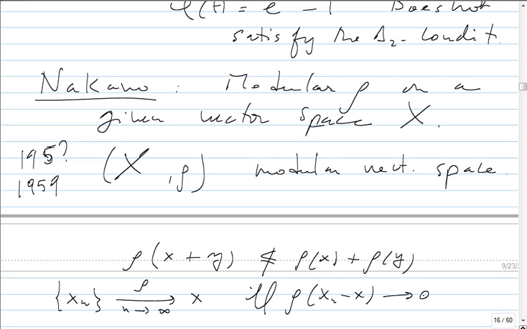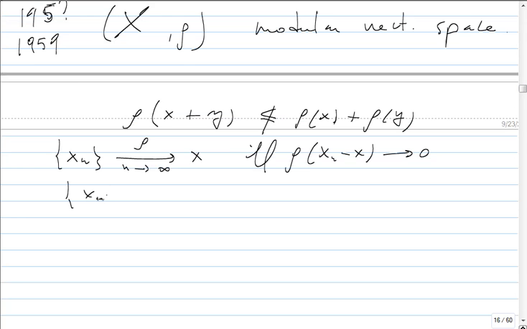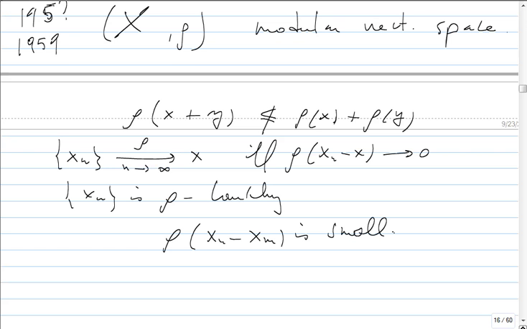Once you have this, you cannot claim that x_n is rho-Cauchy. In other words, you cannot say that rho of x_n minus x_m is small. We could say it if we had a triangle inequality, but not in terms of the modular, because we don't have it. So in this case, Cauchy behavior and convergence are totally different.